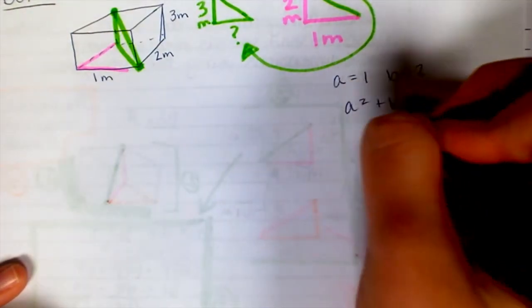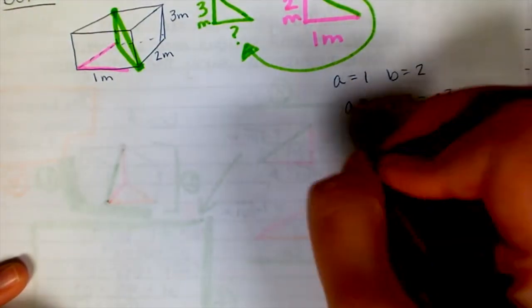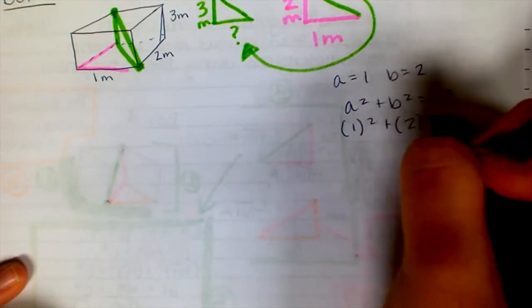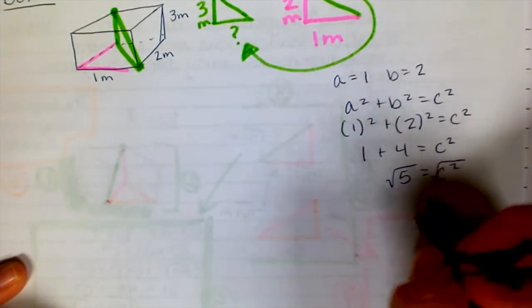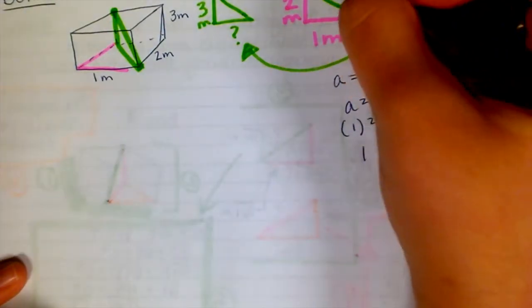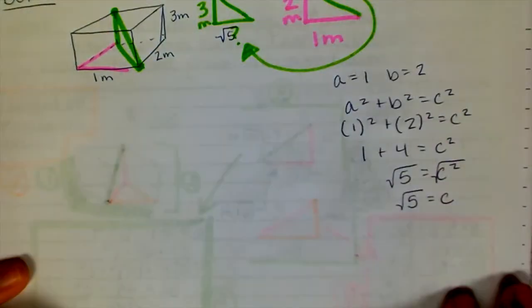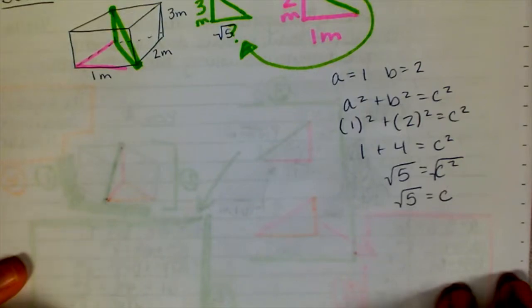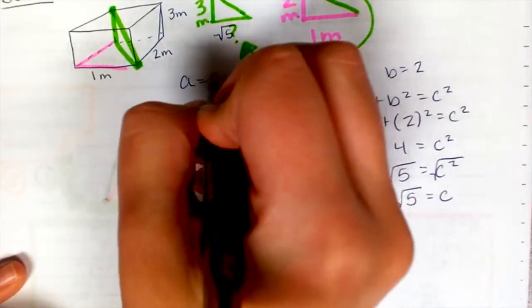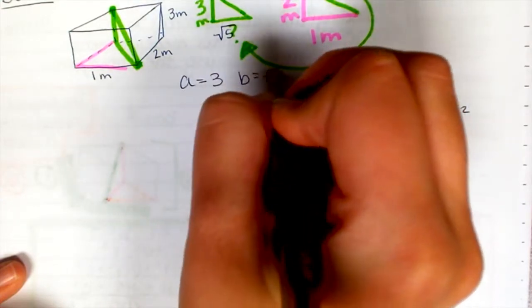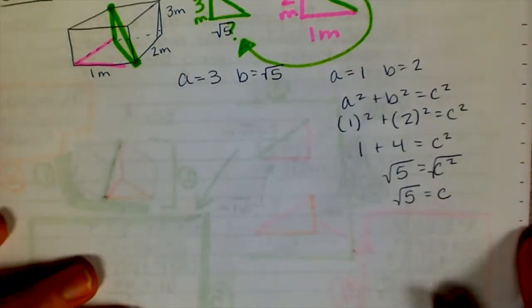A squared plus B squared equals C squared. Then we come over here. A is 3, B is the square root of 5. Raise your hand if you got this far.